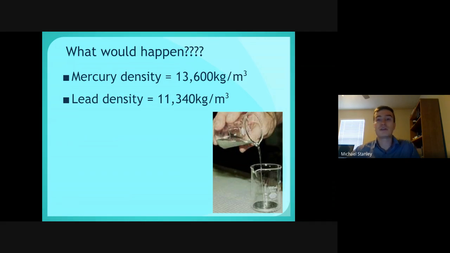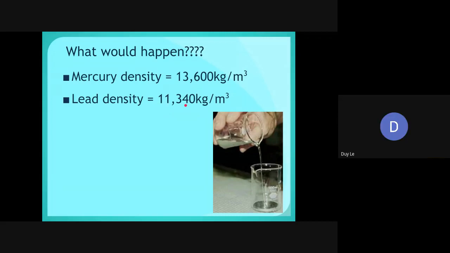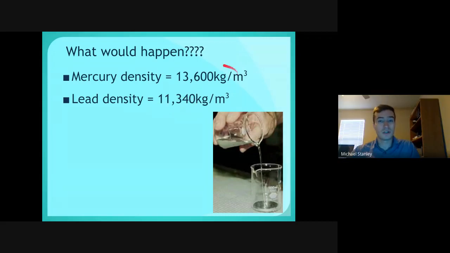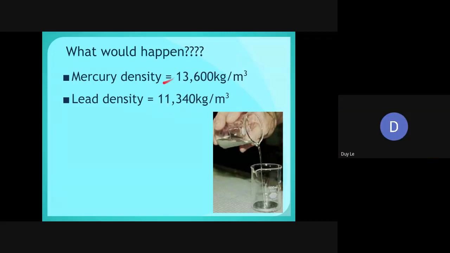Randy thinks it's sink. So look at the densities of lead and mercury. Which one is less dense? Is the lead lower density or is the mercury lower density?